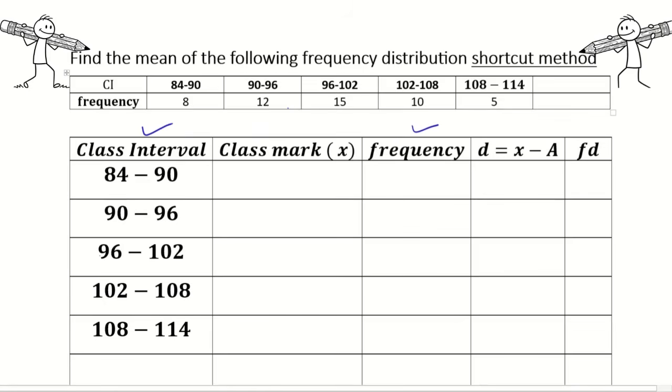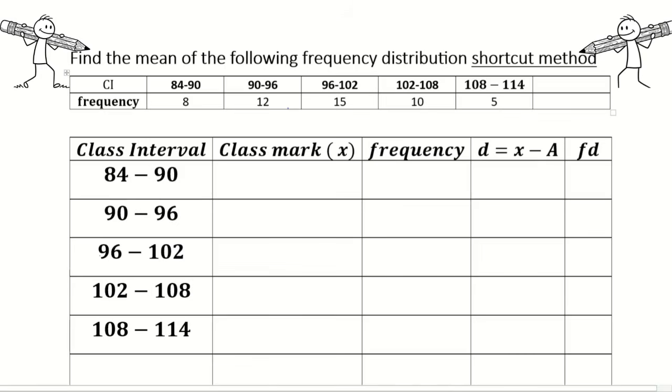So you can see the class interval. I have already made the table for you. The class intervals are 84 to 90, 90 to 96, 96 to 102, 102 to 108 and 108 to 114, which have frequencies. Now let me tell you students, this class interval can be marks, age, weight, height, anything. And frequency can be number of people, number of workers, number of students, and so on.